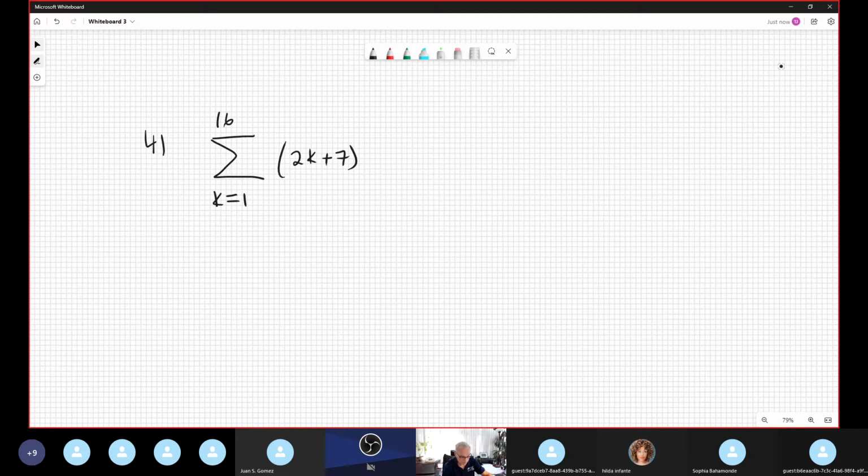And you apply the property of the summation notation, the linear operator. What does it mean to be a linear operator? Well, when you have plus or minus, you separate into summations.